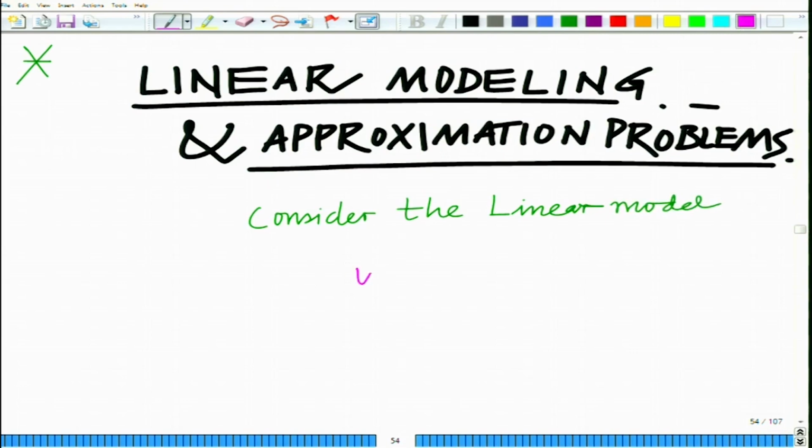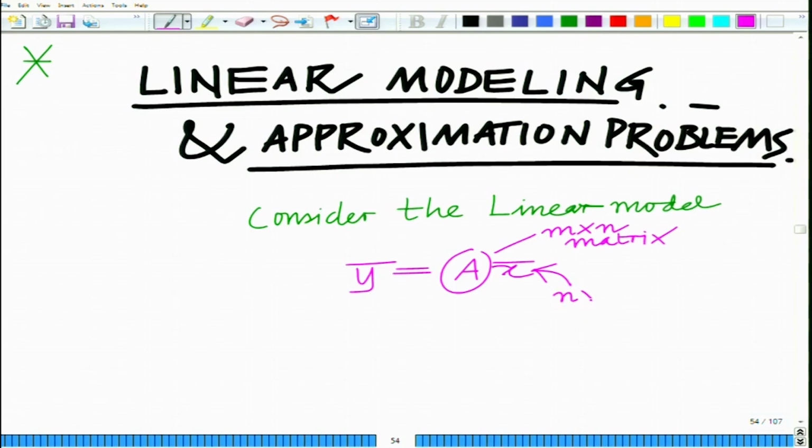Consider the linear model y bar equals A x bar, where A is in general an m cross n matrix, which implies that x is an n cross 1 vector, and y bar is naturally an m cross 1 vector.